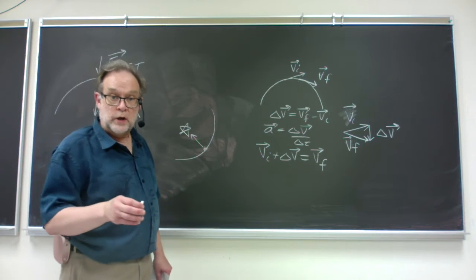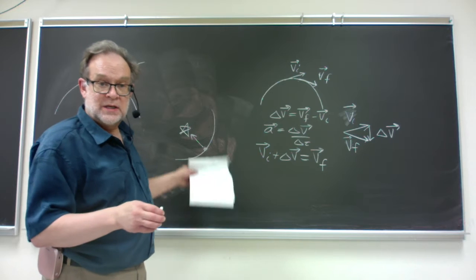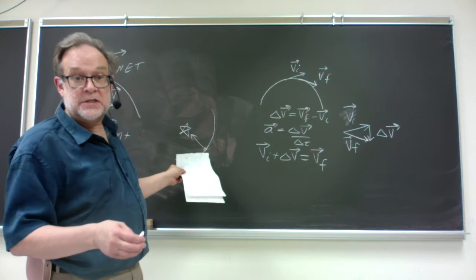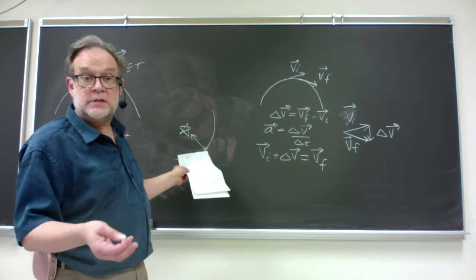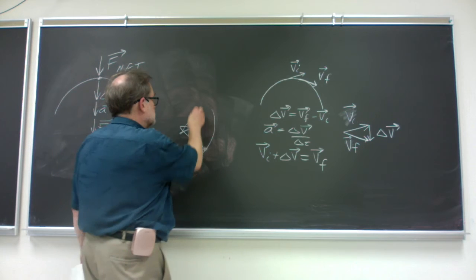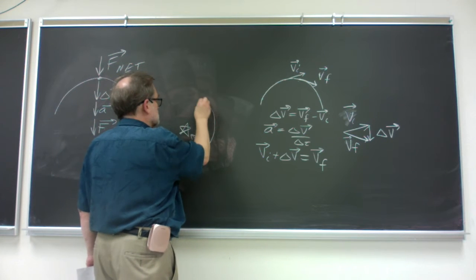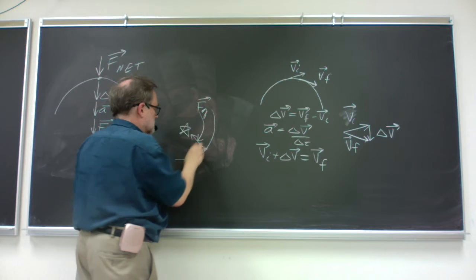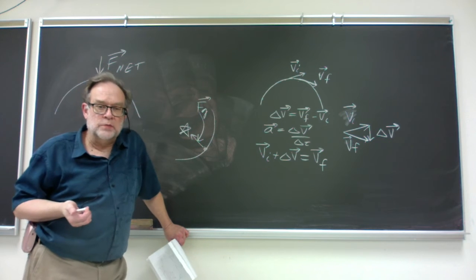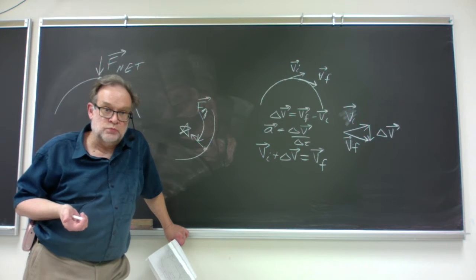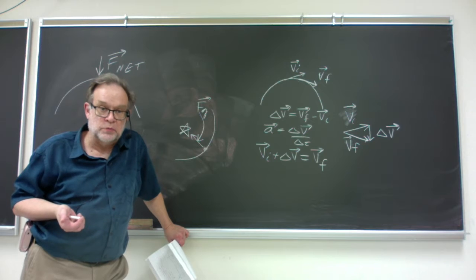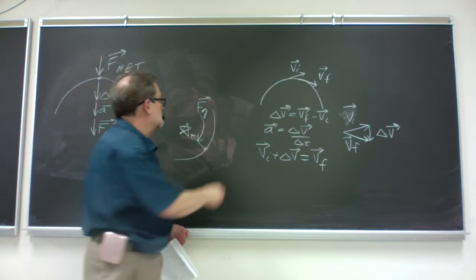Or to put it another way, what kind of force is acting as a centripetal force in this case? In this case, it would be gravity. The gravitational pull from the star on the planet is what supplies the centripetal force.